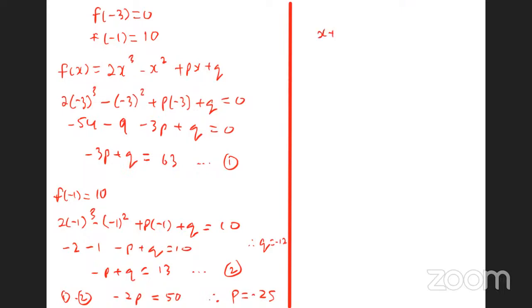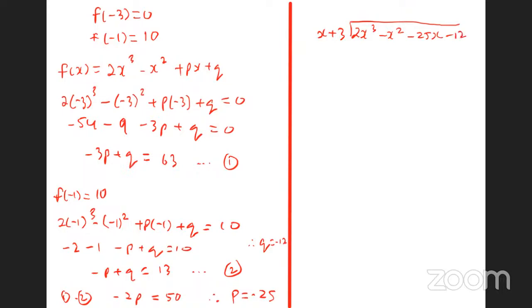So you have x plus 3 into 2x cubed minus x squared minus 25x plus q. What's q again? Minus 12. The bad thing is you're going to have to show all the working.